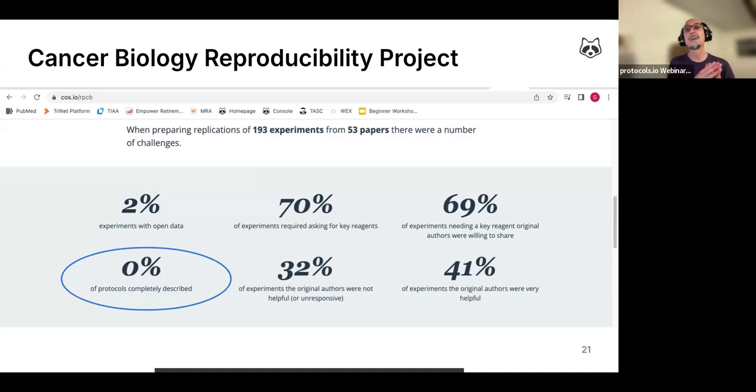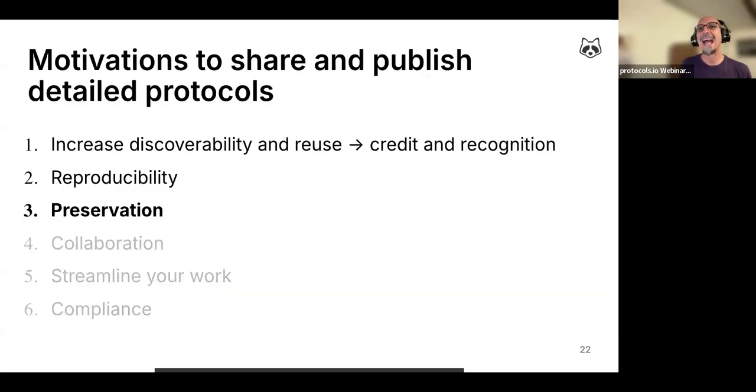Therefore, the problem of lack of reproducibility goes beyond the lack of adequate reporting in published articles, but also highlights deficiencies in the way researchers keep record of their own experimental protocols for housekeeping. And that brings me to a third reason to make your protocols public, which is to guarantee preservation.